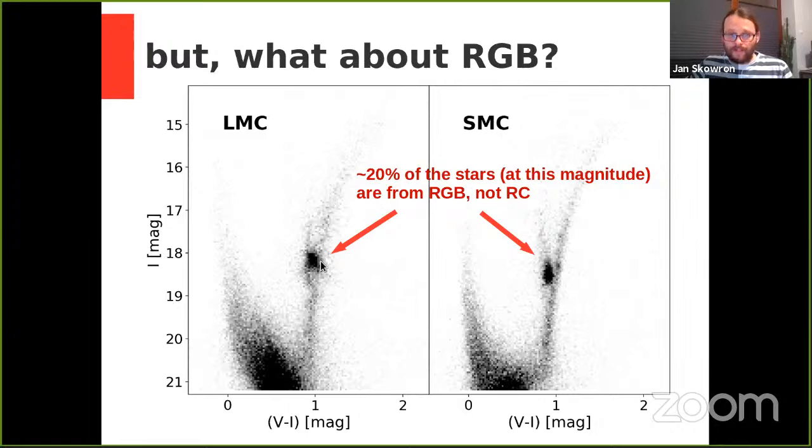And they are offset in color from the red clump stars. This is even more pronounced in the SMC, where the offset is larger and the locus of the red clump is narrower. So immediately it's obvious that the Gaussian fit will not recover the true red clump color. But this is the state of the art till now.